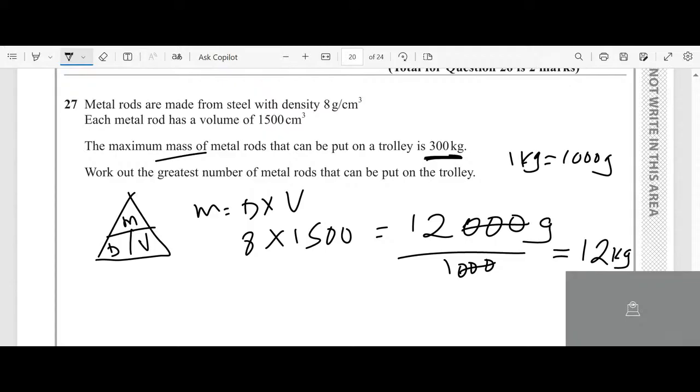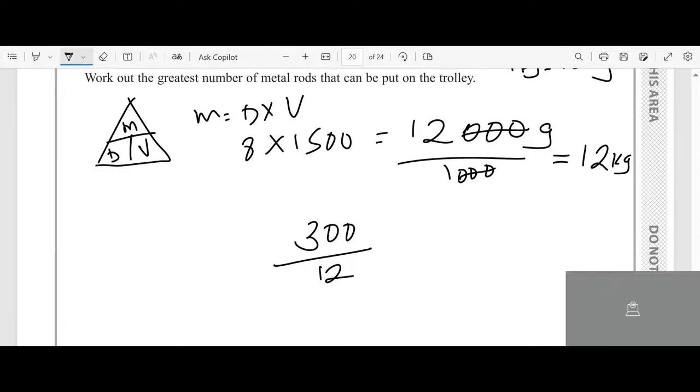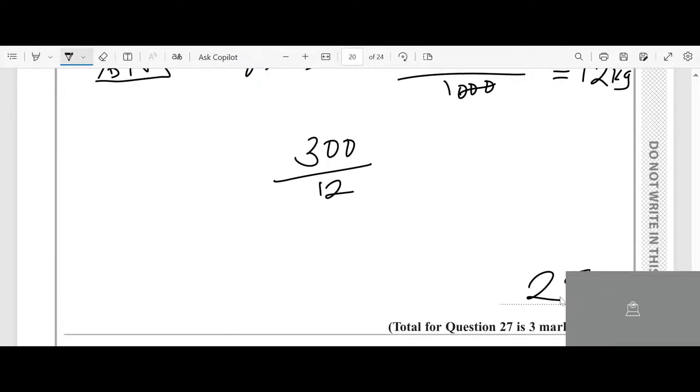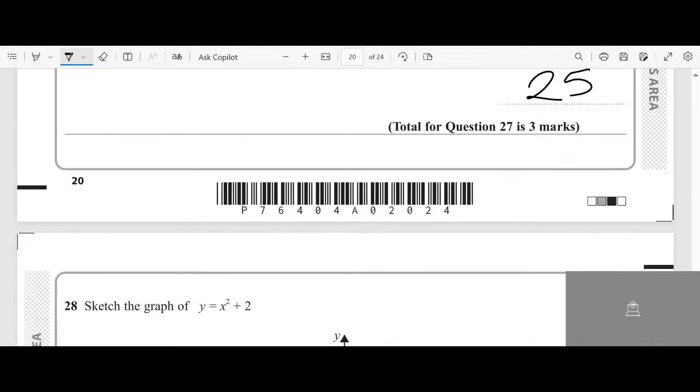Work out the greatest number of metal rods. So we just divide, and we have 25. Those are the number of rods that can go on the trolley.